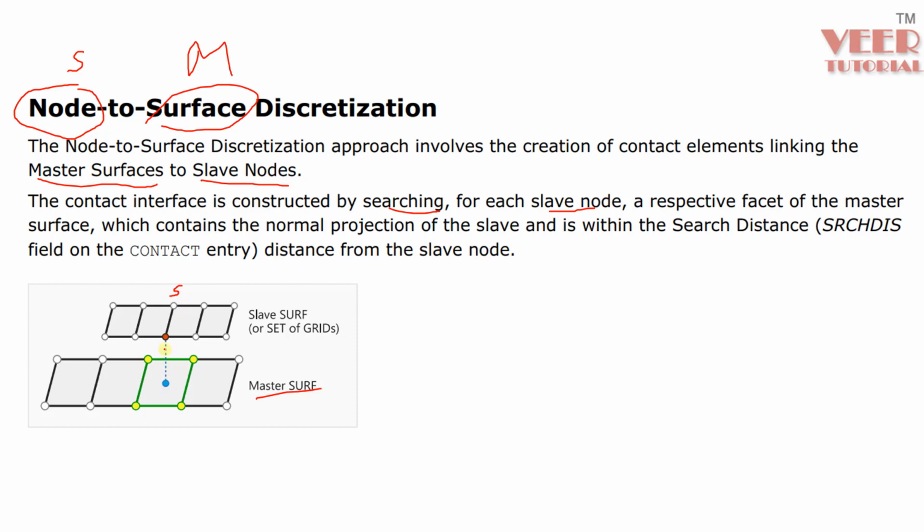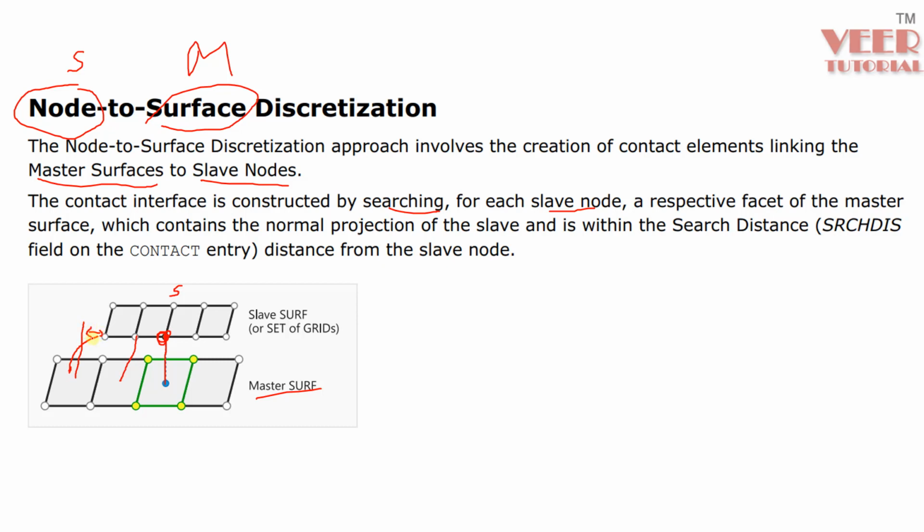It is going to find a normal, here you can see a straight line, and it will search for the nearest node in the slave surface, and whenever it finds the nearest node normal to this node, it will create a contact. Similarly here the contact will be like this, and you can see here the contact will not be proper because when we draw the perpendicular here, the gap is very large.